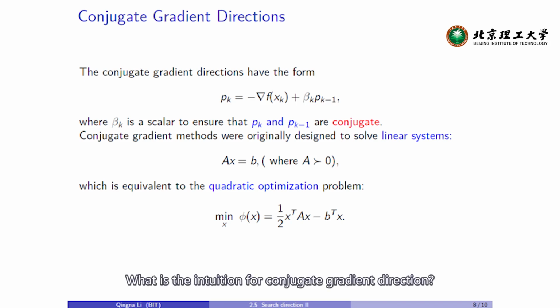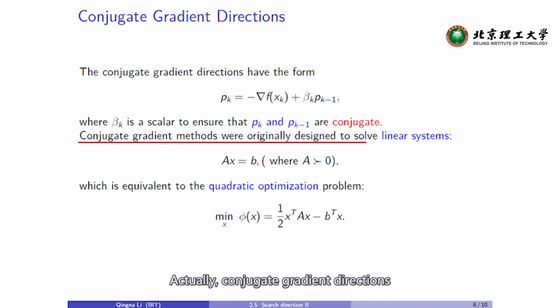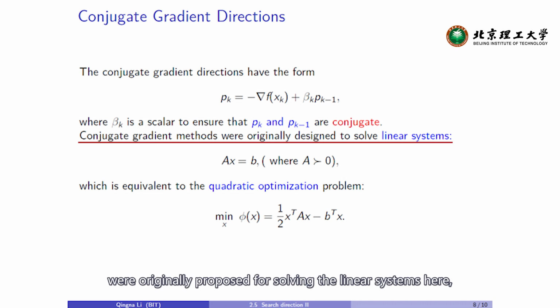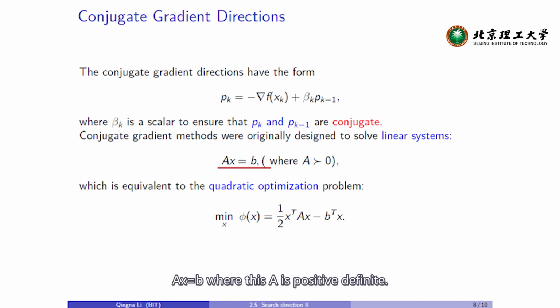And what is the intuition for the conjugate gradient direction? You may ask this question. Actually, conjugate gradient directions were originally proposed for solving the linear system Ax = b, where A is positive definite.